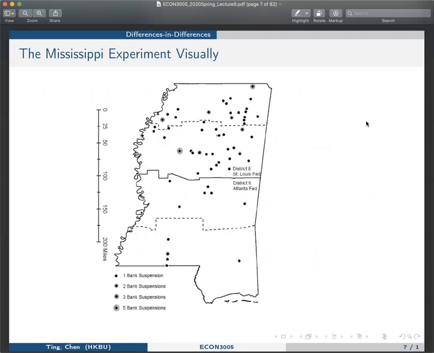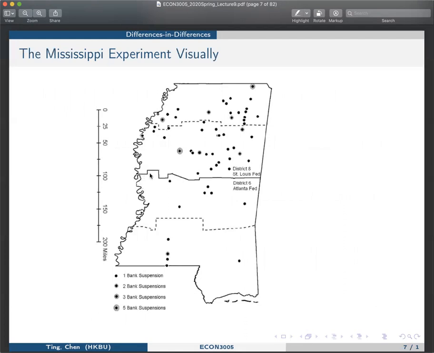So this is the distribution if we draw it visually. This is the border of the 6th and 8th districts, and this whole area is Mississippi state.